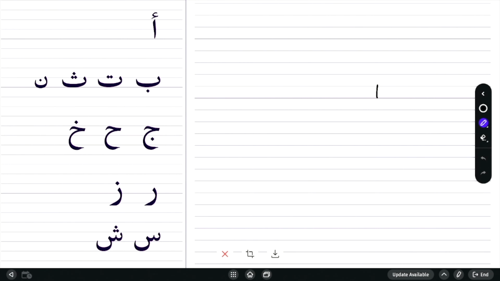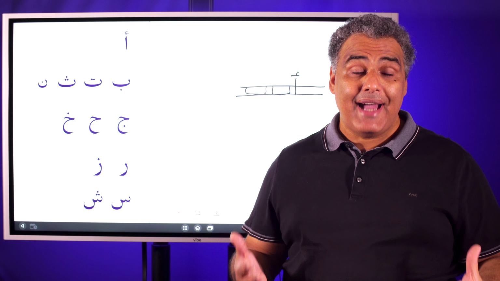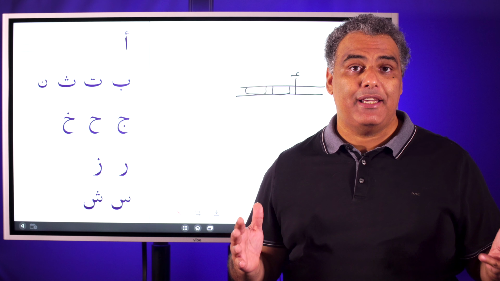So length 1, 2, and 3. Somewhere in between, let's say 2 plus the little symbol on top. The other letters, like this set right here, most of them would fall within this particular length right here. And so keeping the proportions in mind as you write Arabic letters is going to be extremely important.